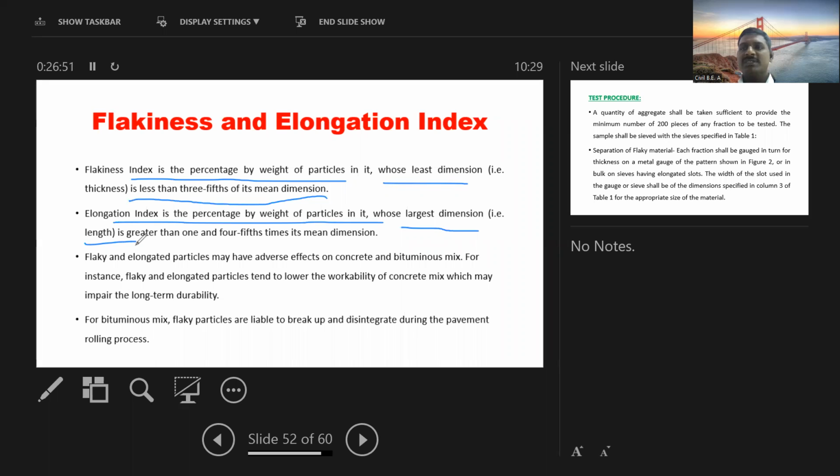So elongation means length, how long the aggregate is. And flakiness is nothing but the least dimension, that is thickness.